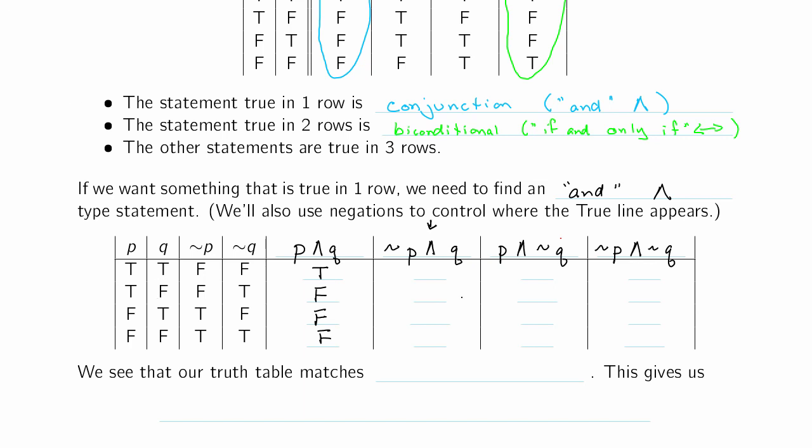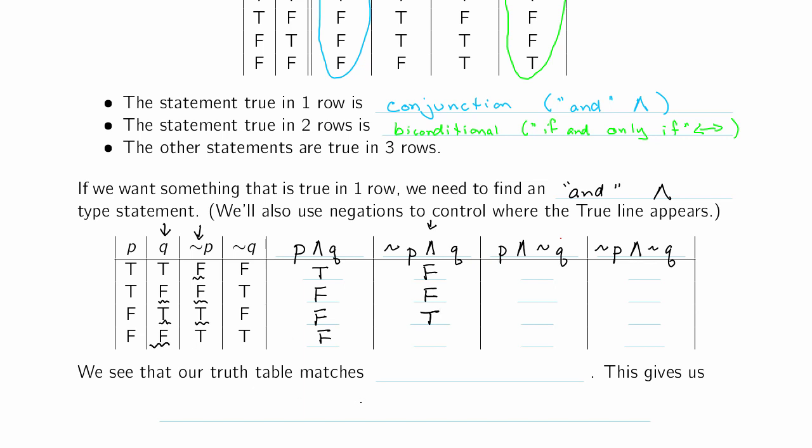For not P and Q, we'll want to look at the not P column and the Q column. Fortunately, and is symmetric, so we don't need to worry too much about what order these come in. So in the first row, not P is false, so the and is false. In the second row, both of them are false, so the and is false. In the third row, both of them are true. That's when and is true.